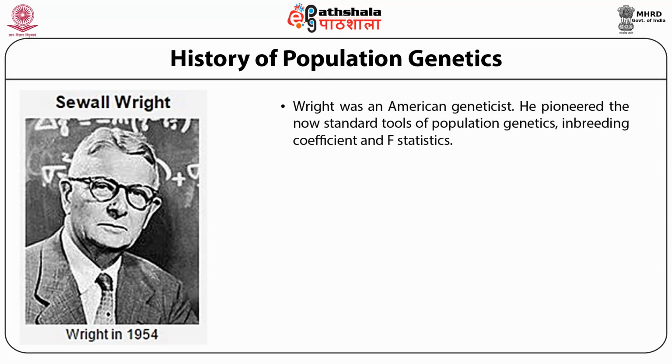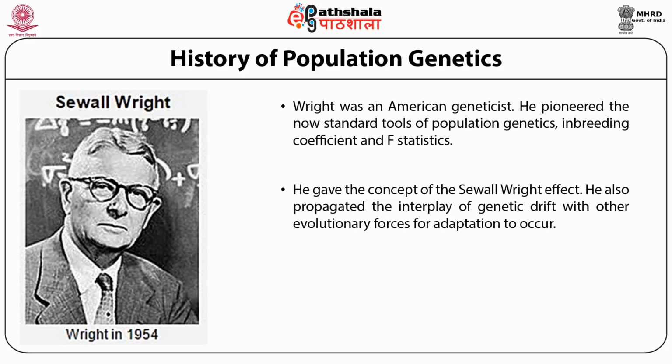Sewall Wright was an American geneticist. He pioneered the now standard tools of population genetics, the inbreeding coefficient and F statistics. He gave the concept of the Sewall Wright effect. He also propagated the interplay of genetic drift with other evolutionary forces.